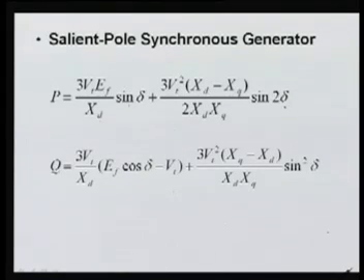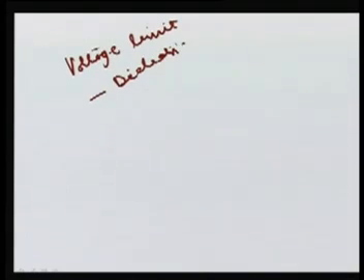First, limitations arise in terms of the voltage limit, and this voltage limit is basically due to two reasons. First one is due to the dielectric, the insulator dielectric that we are using, and another is due to the heating.